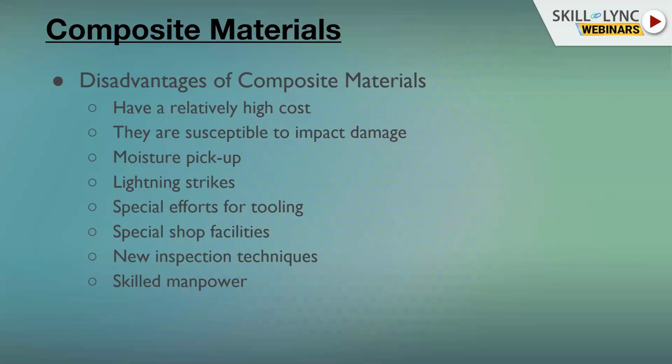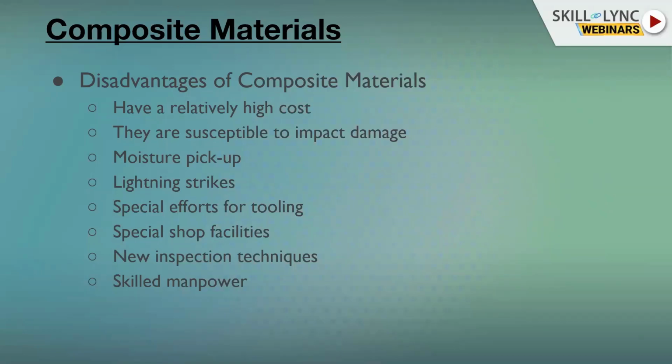So moisture pickup is a disadvantage, and in the industry there are different methods people have come up with to avoid this kind of moisture pickup. When we discuss the core materials, we will take a look at this.